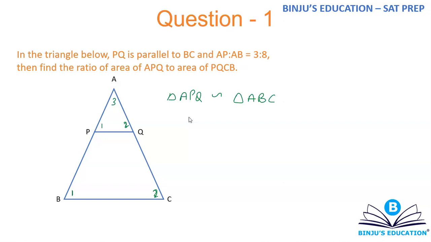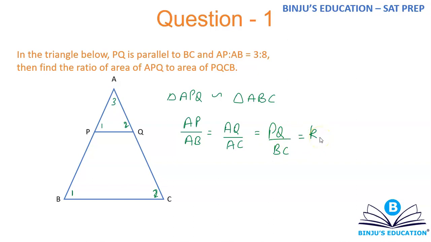You can simply say that APQ is similar to ABC using double A, or you can say triple A similarity, whichever way you're comfortable. So the two triangles are similar, which means AP by AB will be equal to AQ by AC will be equal to PQ by BC. They're going to have the same ratio.